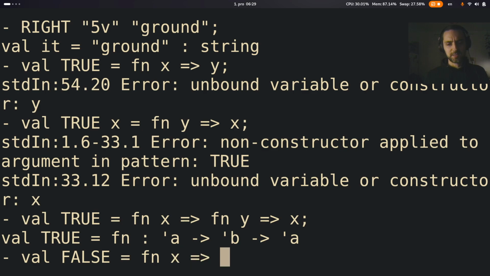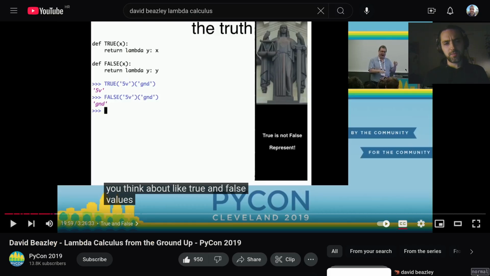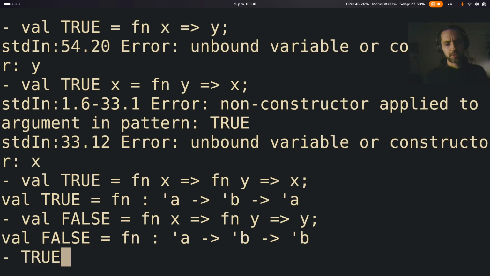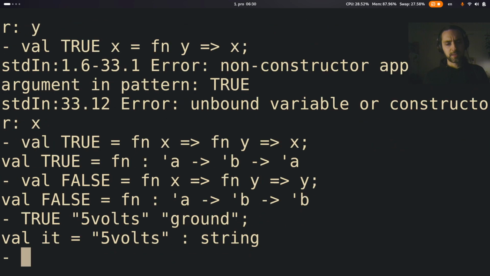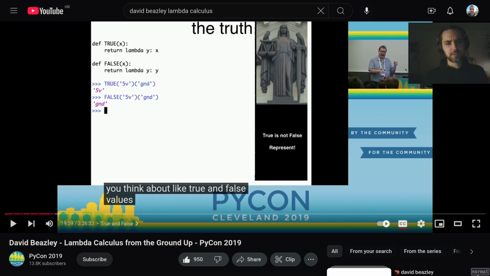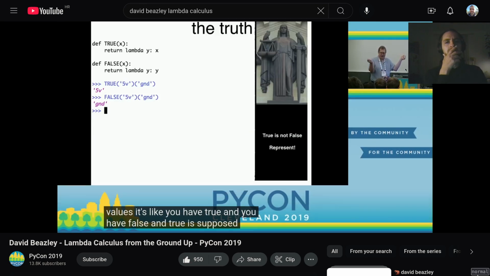Lambda x, lambda y, but this time it gives back the y. So now when we do true, 5 volts and ground, we get 5 volts.